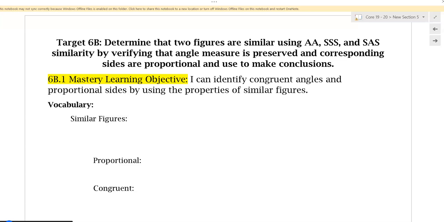So we first want to figure out what a similar figure is. We just talked about dilations, where dilations change the size of the shape, but not its actual shape. And what we find out is that dilations create these things called similar figures.